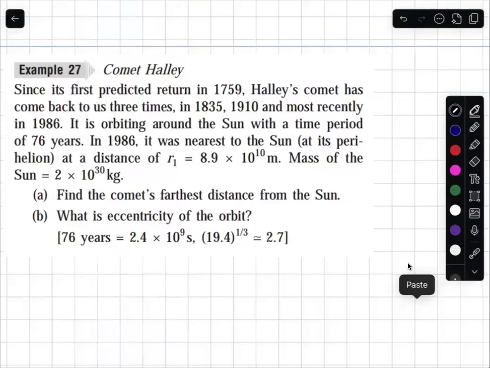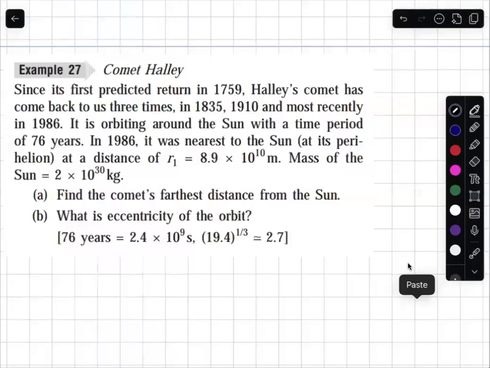I still remember, the first time I observed on TV, the remnants of Halley's comet striking Jupiter. That is the first time some celestial event was recorded and broadcast. It is orbiting around the sun with a time period of 76 years.